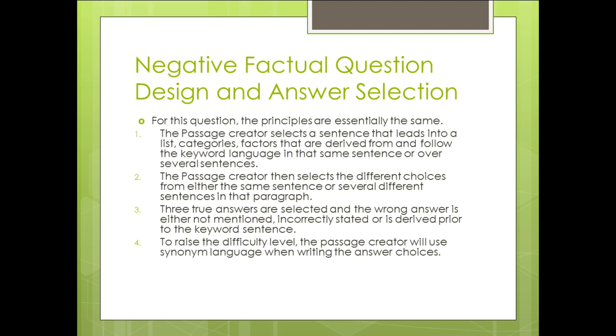They select a sentence that leads into the actual categories themselves, but then they're going to look at different sentences within a paragraph and select one of the answer choices for a negative factual question. So sometimes the negative factual question is the one question that is built off of different sentences within a paragraph.